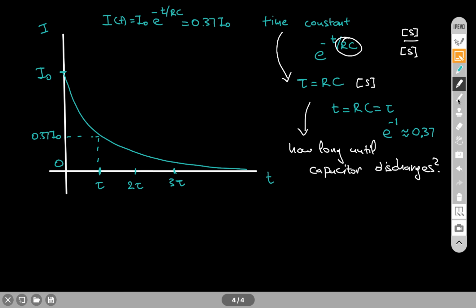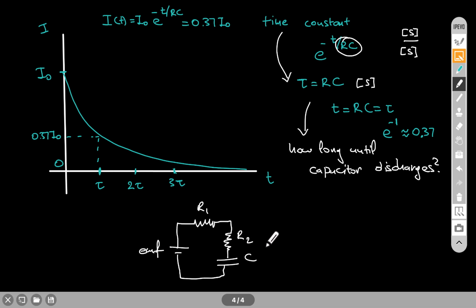Now I showed you that it's a simple product R times C, but what happens if you have two resistors? So let's say I have something like this. This is R1, this is R2, here is my capacitor C, and this is your EMF.